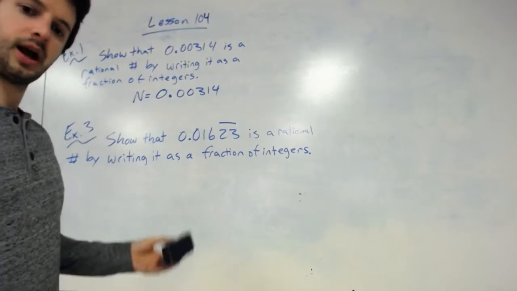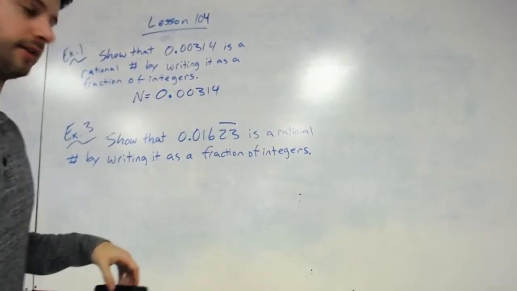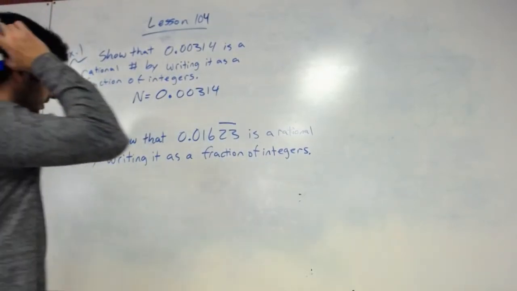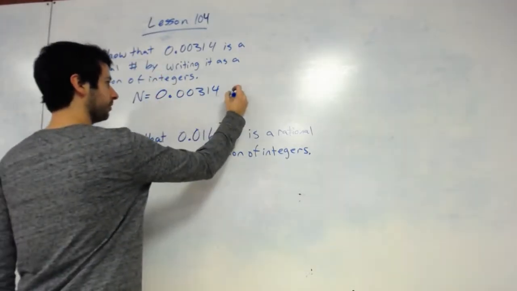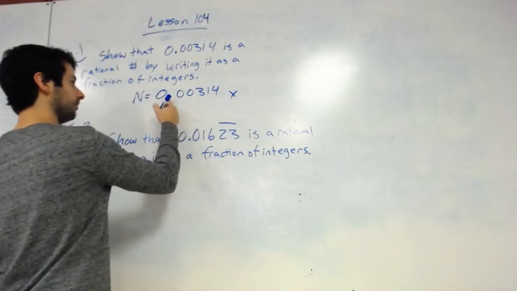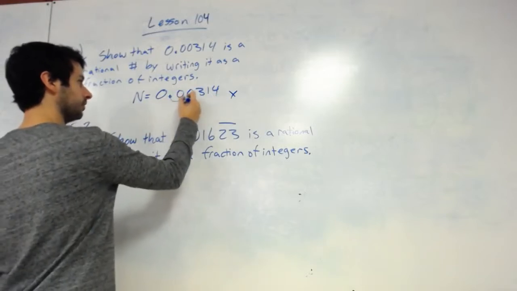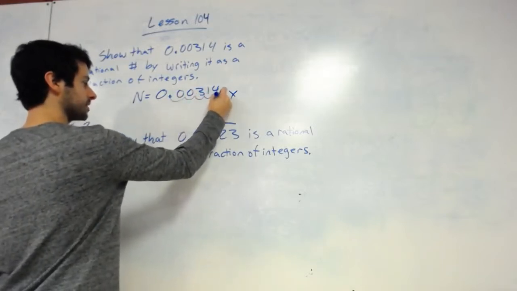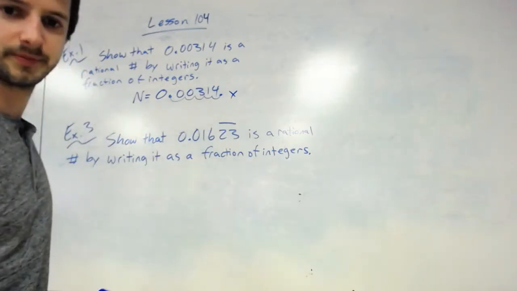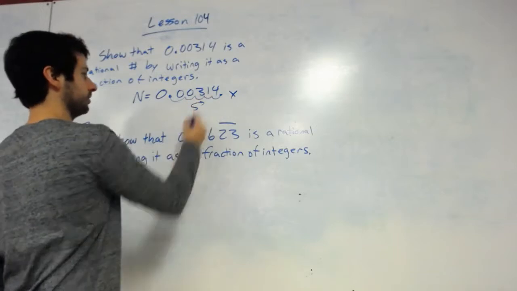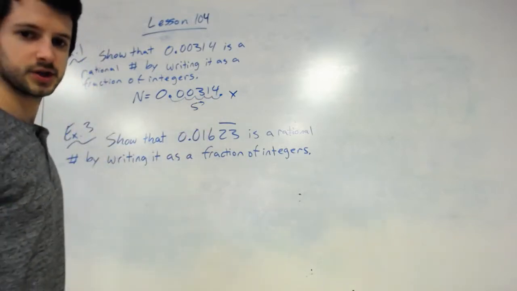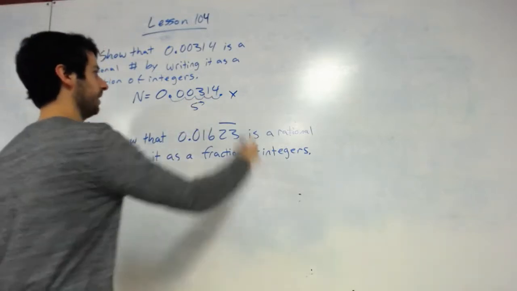I want to keep it at the number that we have. So what do we have to multiply by to get this decimal to the end? Well, this moves 5 times to the right. So what we want to do is multiply it by 10 to the 5th power.